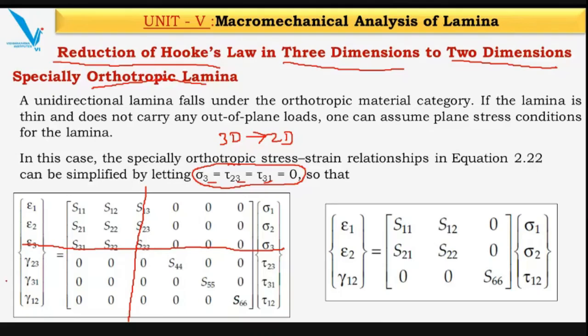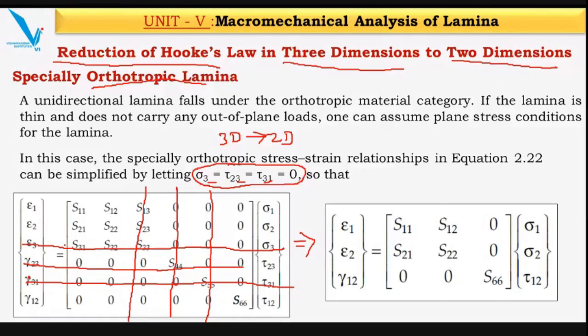Similarly, this 2,3 and 3,1 will not be there, so I can cancel this. This is the 4th row and 4th column, so I will cancel this also. Then what is left? What is left is shown here.